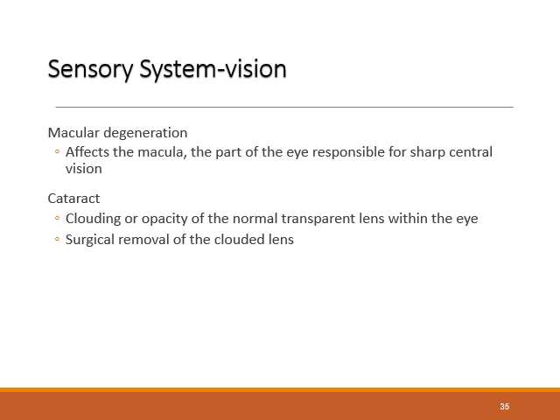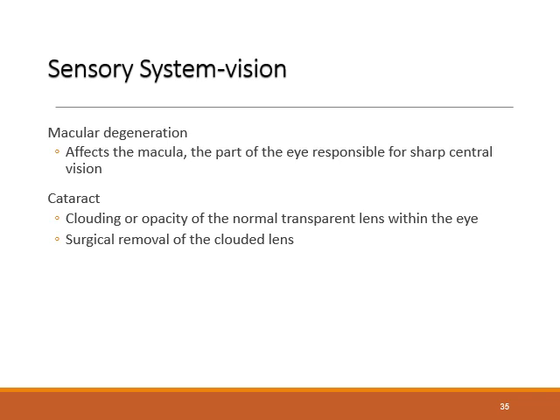Cataracts is a clouding or opacity of the normal transparent lens in the eye. Now, when you do your PERRLA and you look in their eyes, are you seeing that pupil react quickly, or is it sluggish? Do you see a cloudiness over their eye? It could be a cataract. And if the pupil does not react when you check their eyes, ask them, have you had cataract surgery?